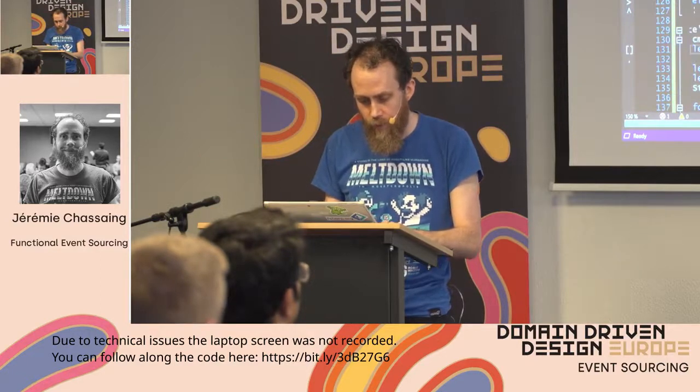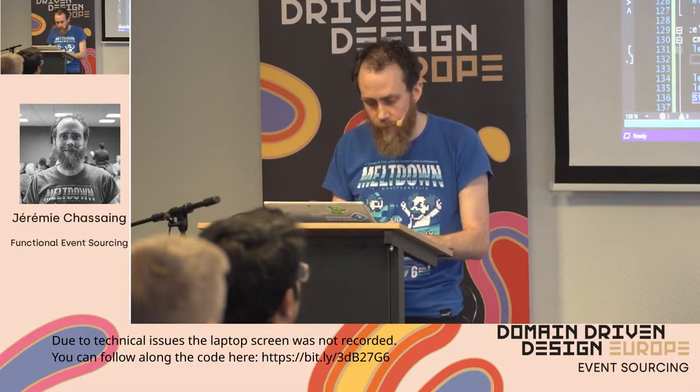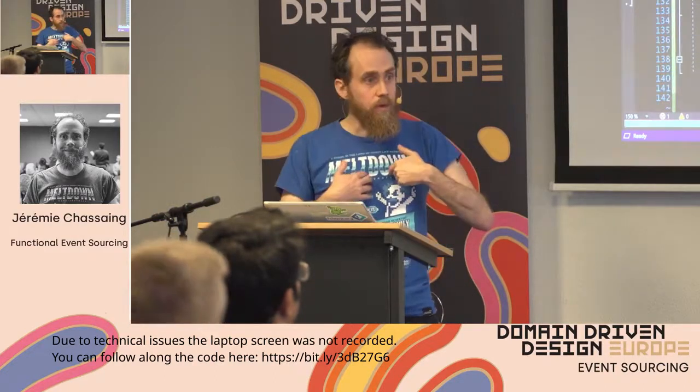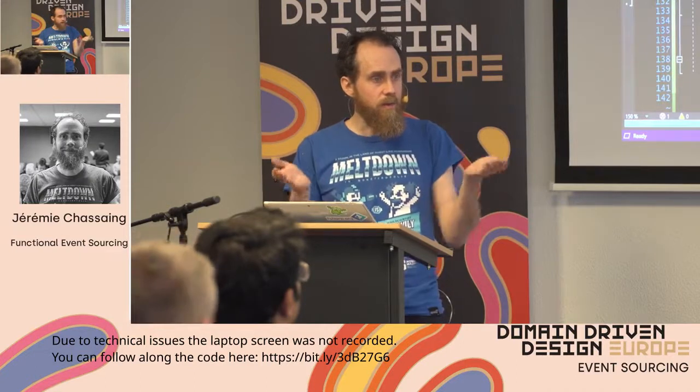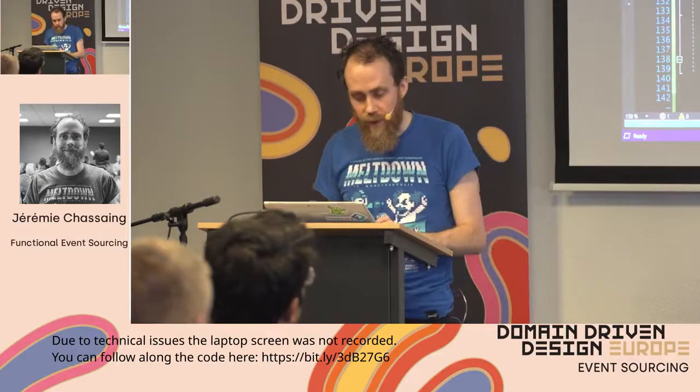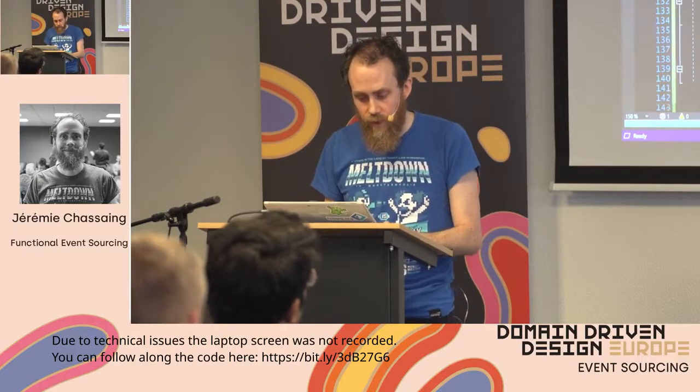So I will just reformat it to fit on the screen. So here I have my load function that, if it can find a file that contains the state, loads it, deserializes it, and returns it. And to save, it's even easier.